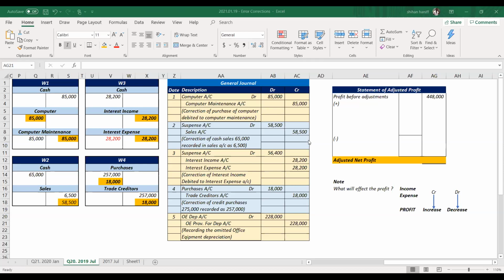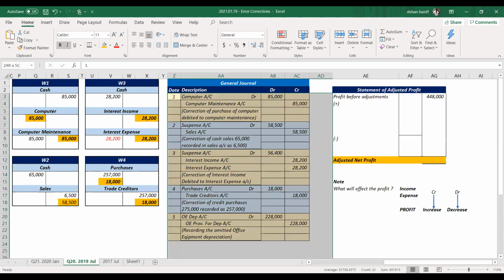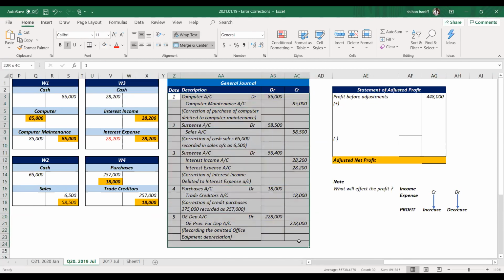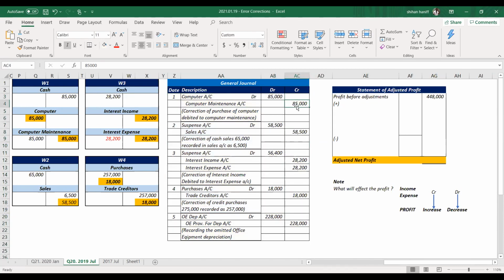Okay. Let me explain from the example, from this question, then you will understand. Right. So let's see. There are two steps. First, identify what are the income and expenses in this general journal. I will highlight computer maintenance, sales, interest income, interest expense, purchases, depreciation.